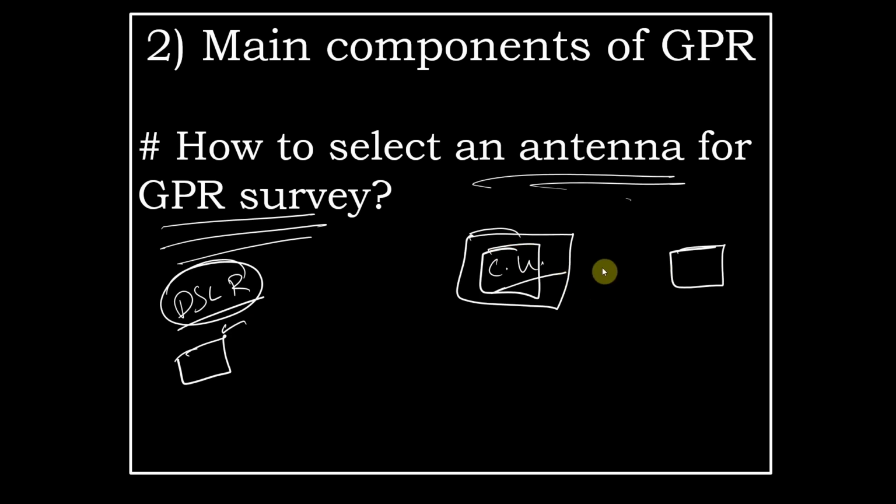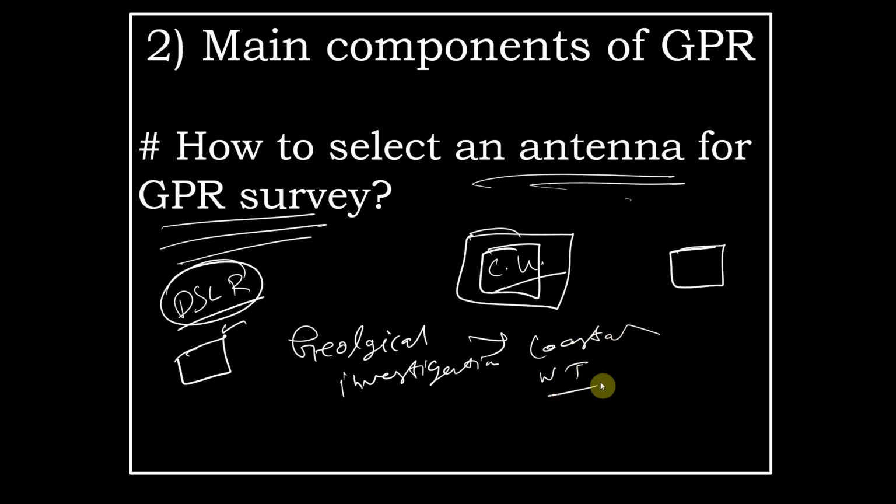So how to select an antenna for a GPR survey? For geological investigation, what do I mean by that? That means in coastal areas or water table mapping, coastal area studies, fluvial area studies, or hard rock investigation, you will be buying an antenna with a center frequency between 10 megahertz and a maximum of 500 megahertz.